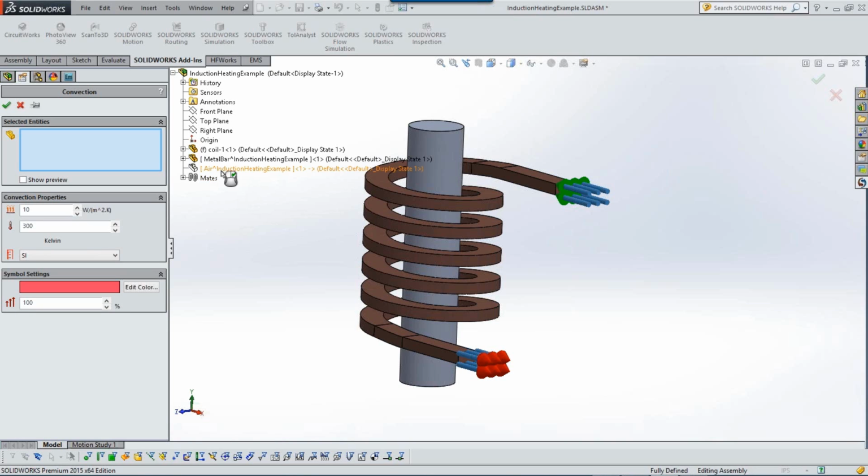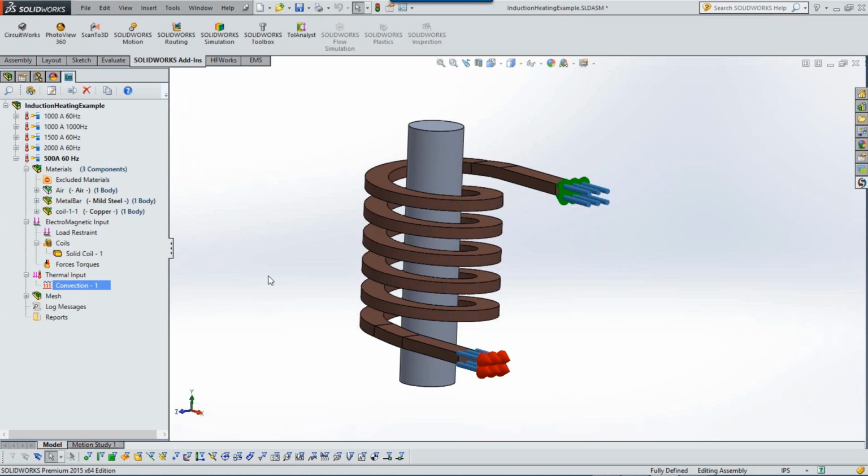I'm going to select the air geometry, and I'm going to tell the program that whatever surface is in contact with the air, be it from the coil or from the mild steel bar that you see in the middle, they're all convecting to an ambient temperature of 300 Kelvin and at a very natural convection rate of 10 watt per meter squared Kelvin. Okay, so we define a convection.